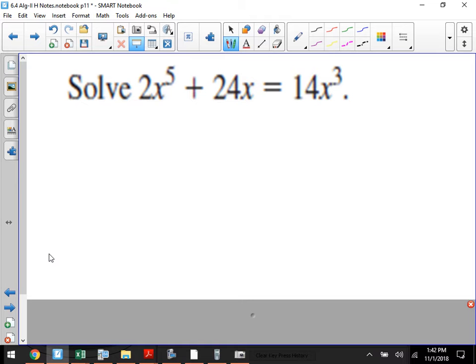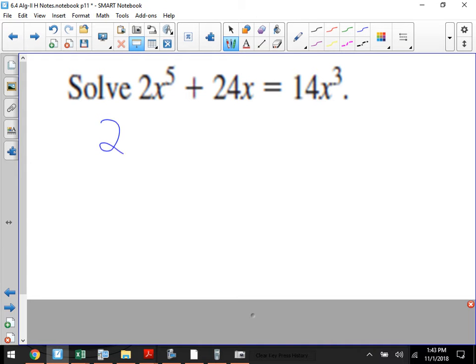Okay. Guys, got a bunch of examples here. Now, as you're writing this one down, what should you do right away? Right, no. What should you set? Yeah, set it equal to 0. So automatically, as you're writing it down, you know you got to bring that 14x cubed over.